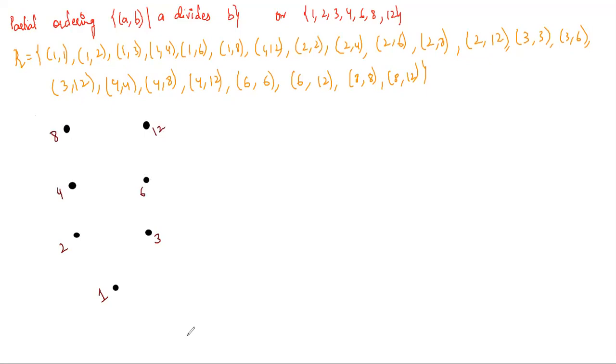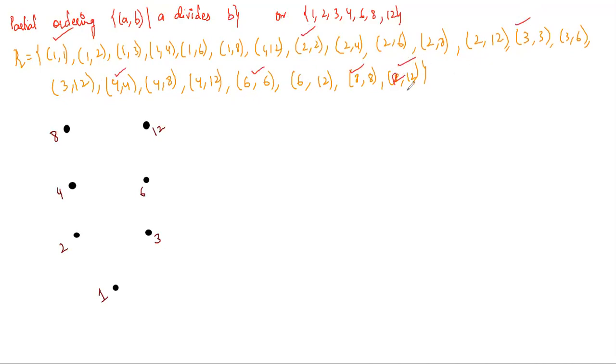Okay. Now, after that, you can see that this relation is partial ordering. It means it is reflexive. We will also verify for the same. So, let's see. We have 1, 1, 2, 2, 3, 3, 4, 4, 6, 6, 8, 8, and this is actually 12, 12.